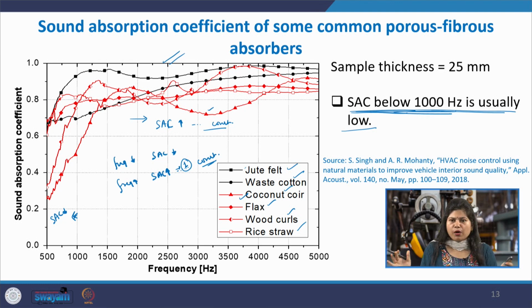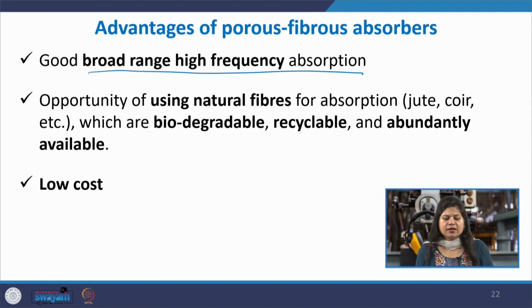So, for a large broad range you get higher values of SAC. We do not have sharp peaks, but a broad range of consistently high values.